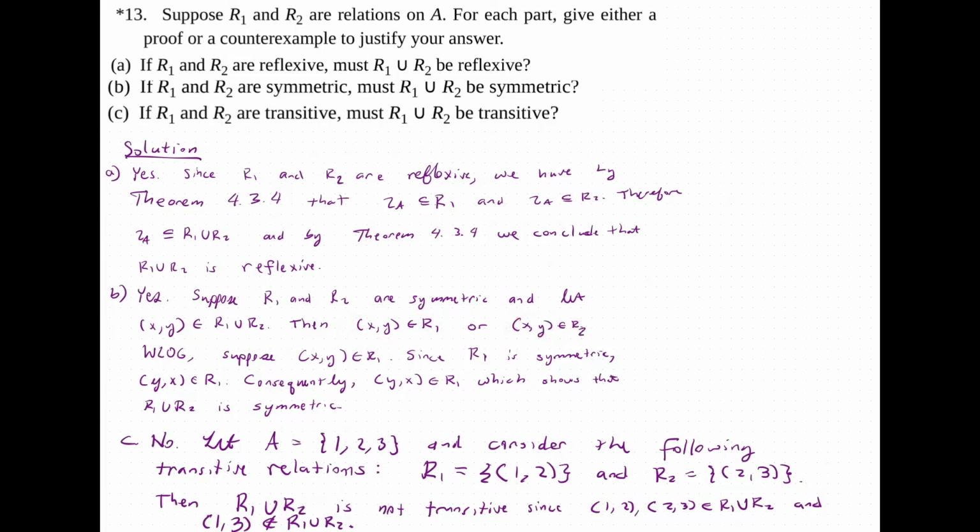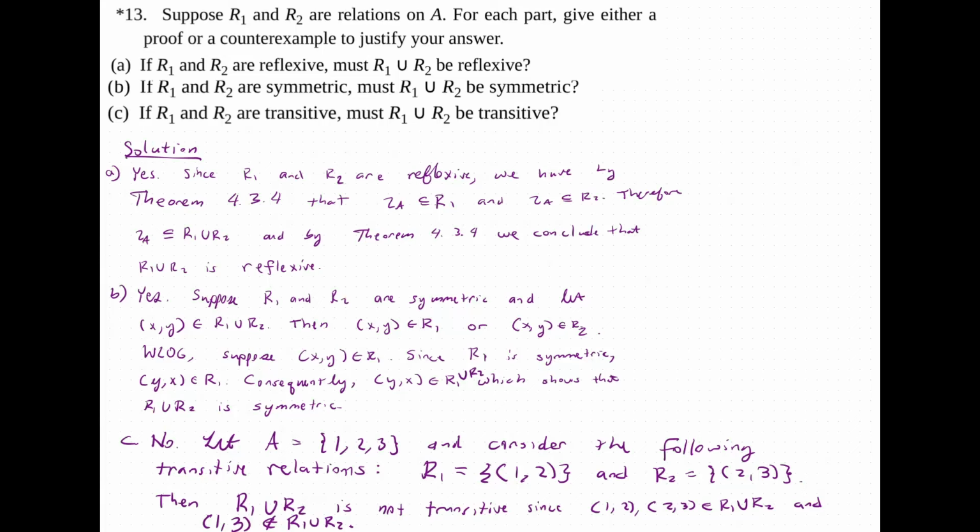But now, without loss of generality, we can suppose that (x, y) is in R1, and since R1 is symmetric, (y, x) is in R1, and consequently, (y, x) is in the union of R1 and R2. So I was missing that union over here, and that shows that R1 union R2 is symmetric.